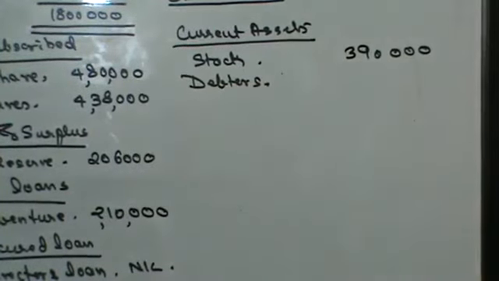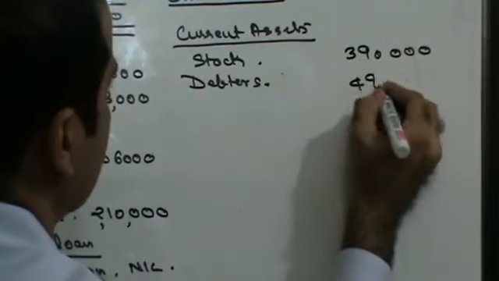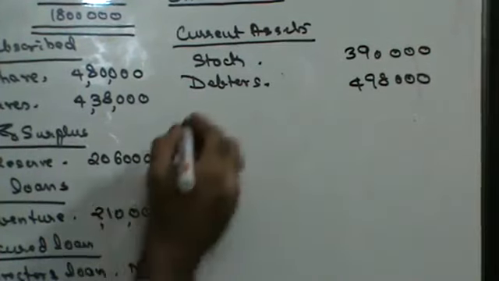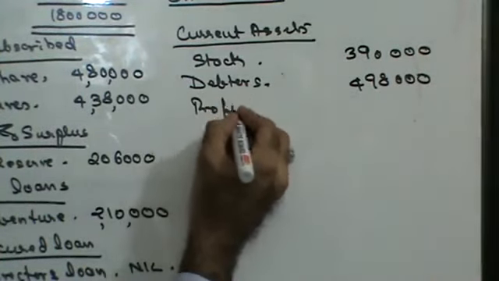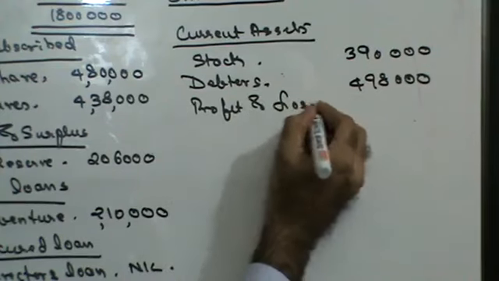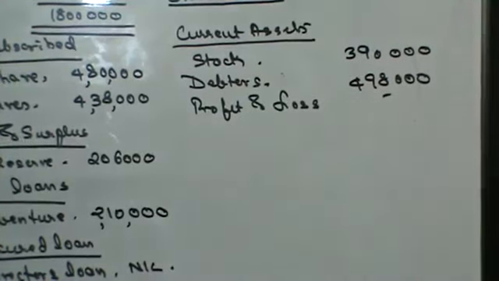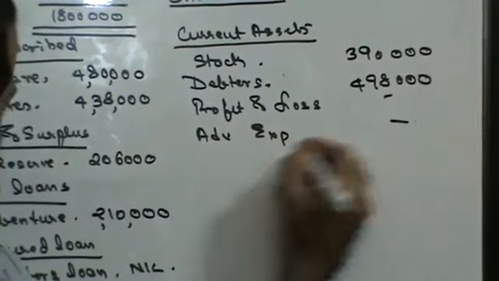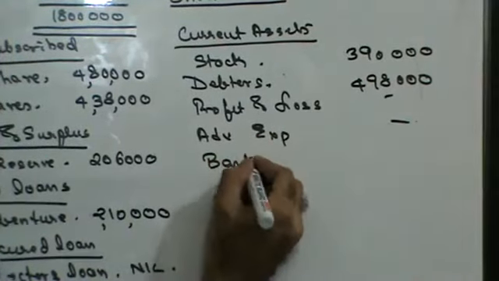Debtors was 5,40,000. It has been written off by 42,000. So that is 4,98,000. Then profit and loss, fully written off. Then advertisement expense, fully written off.